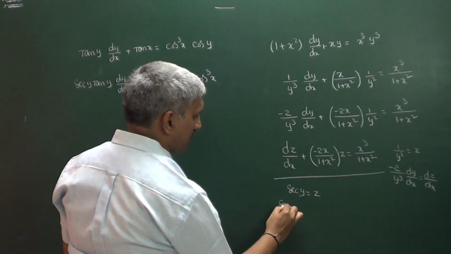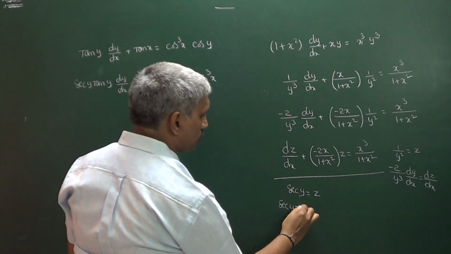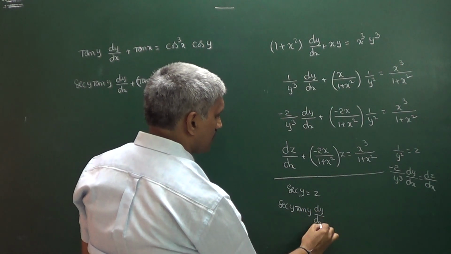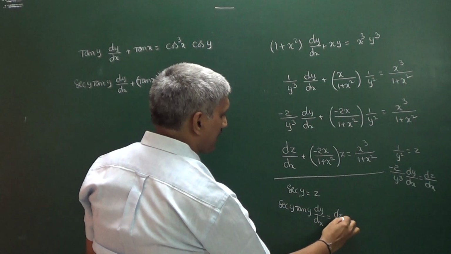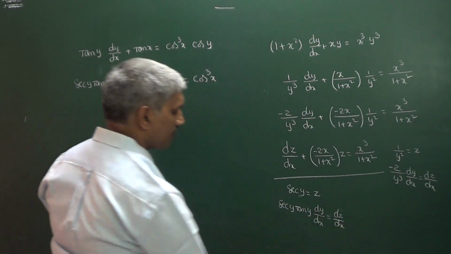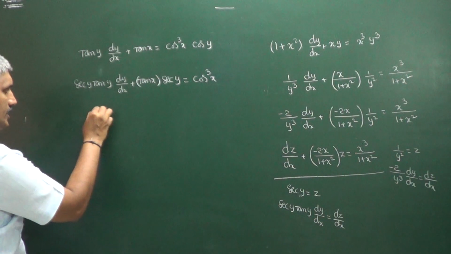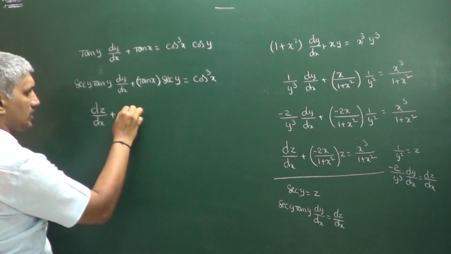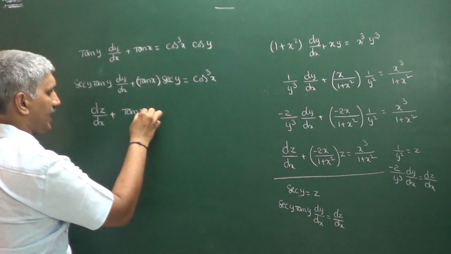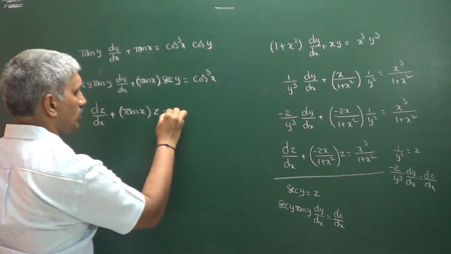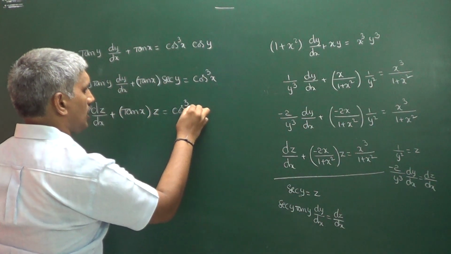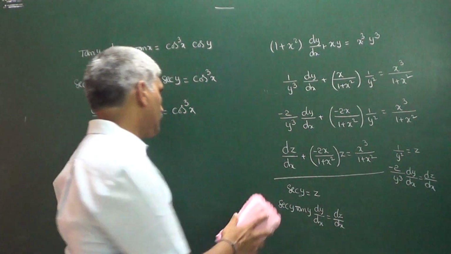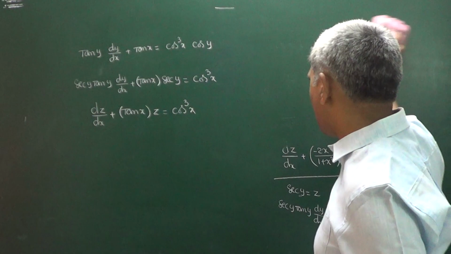Differentiation of secant y, secant y into tan y into dy by dx is equals to dz by dx, right? Now the question changes as dz by dx plus tan x into z is equals to cos cube x. Now it is a linear differential equation. That linear differential equation solution we can find out.